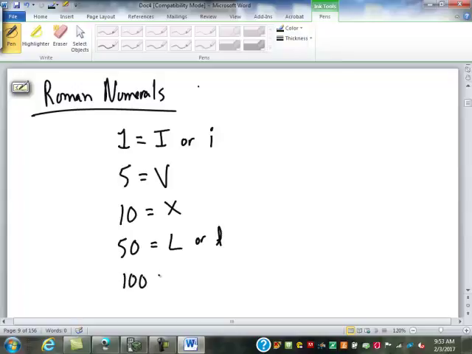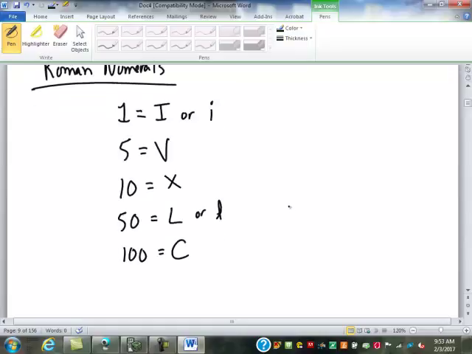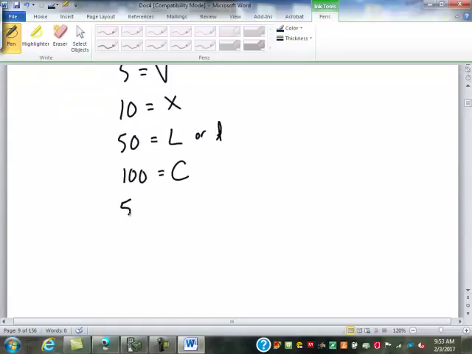Up to 100 is a C. If you ever hear the term a C note, that's where that comes from, a $100 bill. We jump up to 500, which is D. Again, you could use a small d, but I'm not going to write them down. 1,000, which is M. And that's as far as the Roman numerals go.